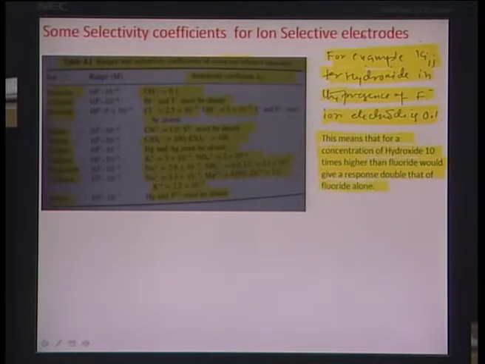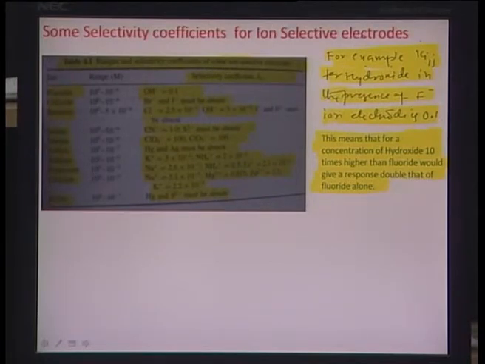So if the hydroxide is about 10 times more than the fluoride, there would be a response which is double that of the fluoride alone, which is of some measurable significance. It also means that if you are measuring fluoride and you have hydroxide, you need not bother until the hydroxide is about 10 times more in concentration than the fluoride is.